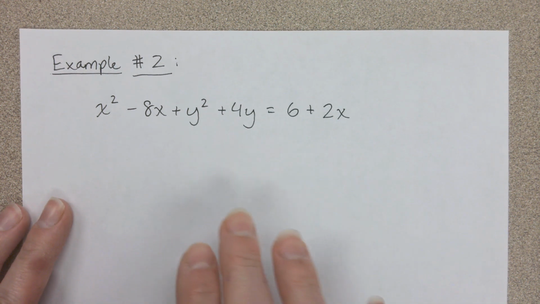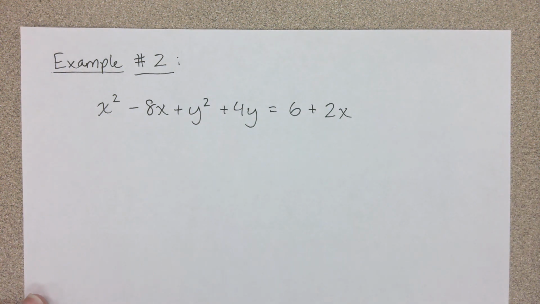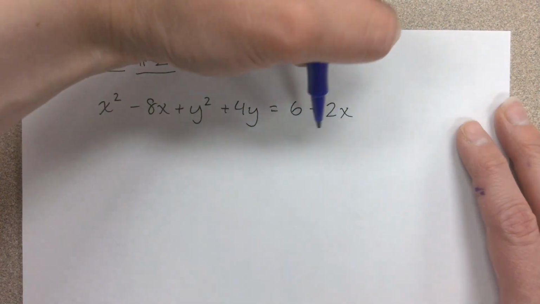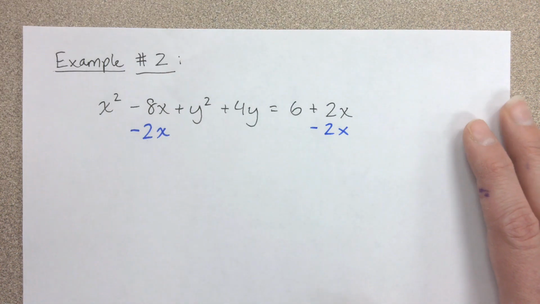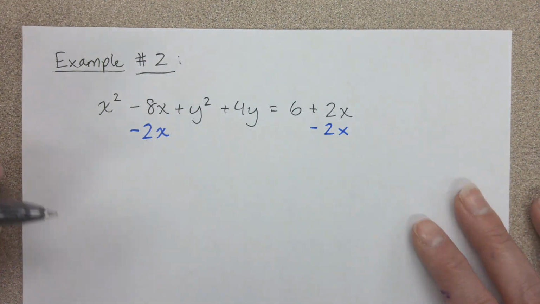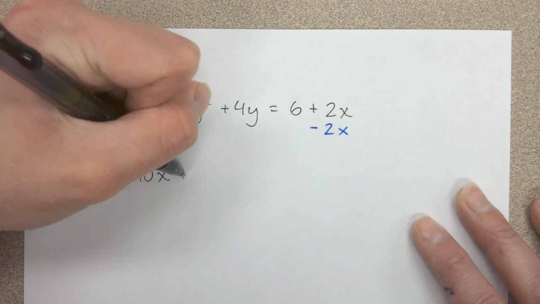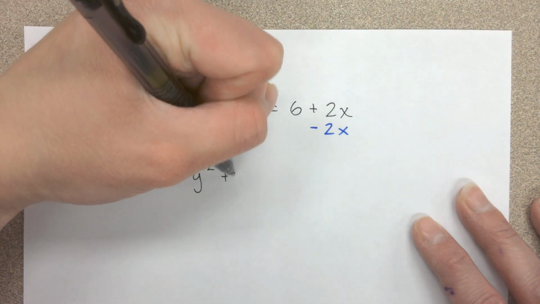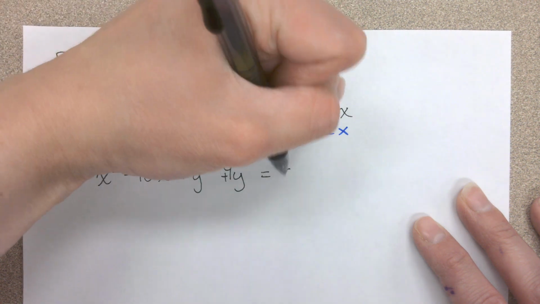Reminder, the initial goal is to have all the letters on the left side and just the constants on the right side, so that 2x needs moved. So I'll subtract 2x over to the left side. That will give us x squared minus 10x plus y squared plus 4y is equal to 6.